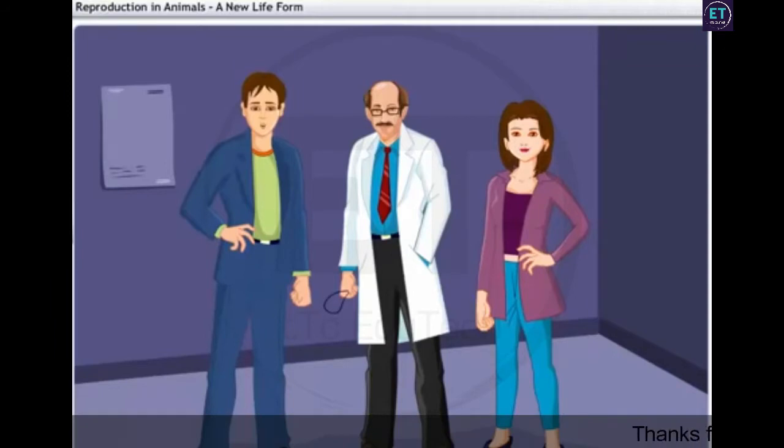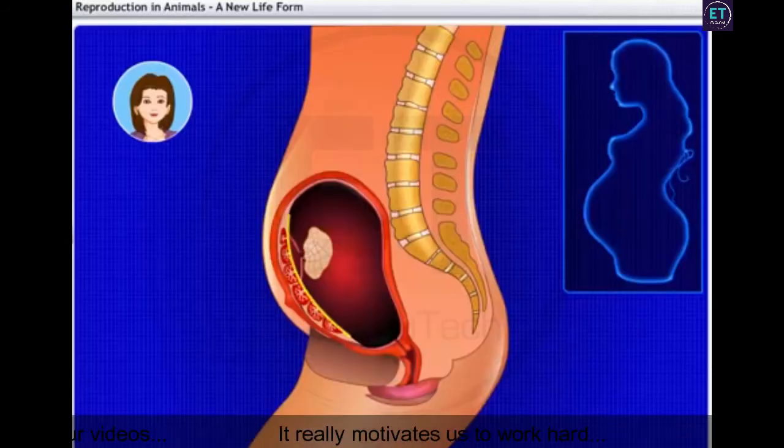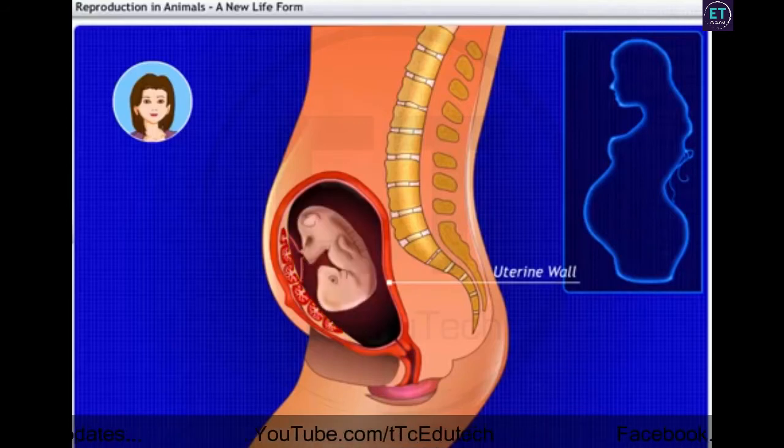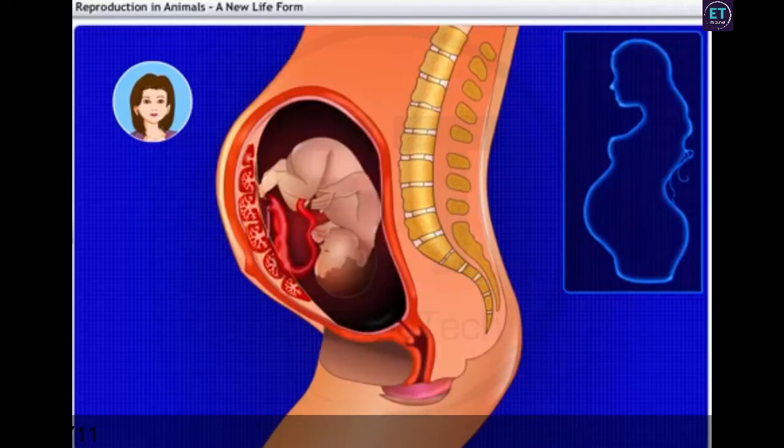So, what is a placenta? And how is it helpful? It is a disc which is embedded in the uterine wall. It contains villi on the embryo side of the tissue. On the mother's side are blood spaces which surround the villi.